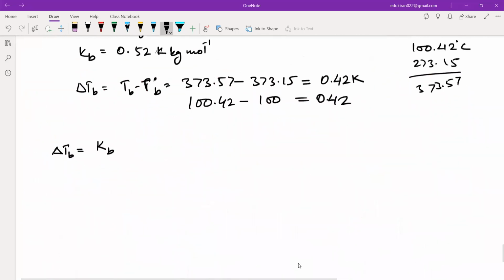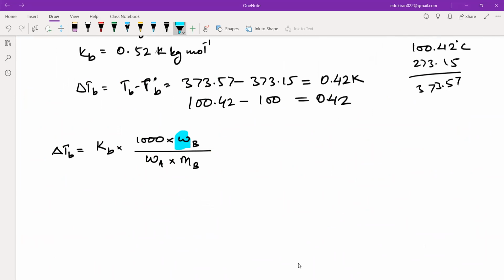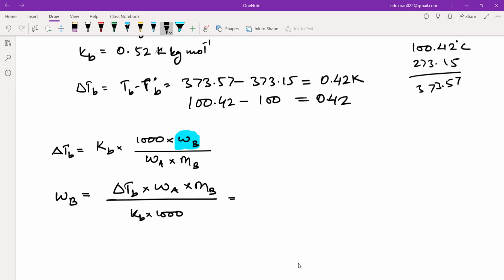Now you have to calculate the mass of glycerol that we have added, so WB will be equal to delta TB into WA into MB upon KB into 1000.